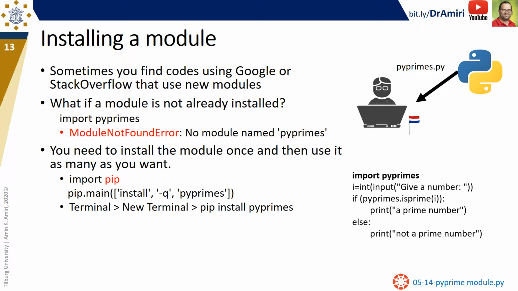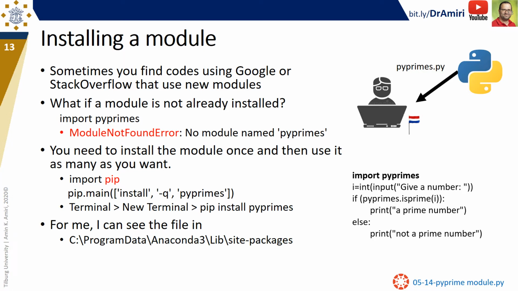You can also use the terminal menu in Visual Studio Code, new terminal, and then there you can type pip install pyprimes, and then press enter, and this will really install the package. The new package will be installed for you.